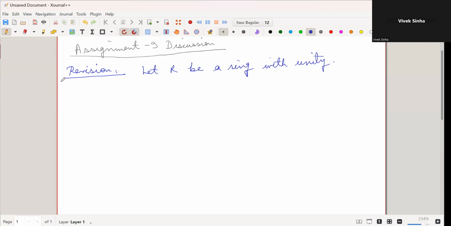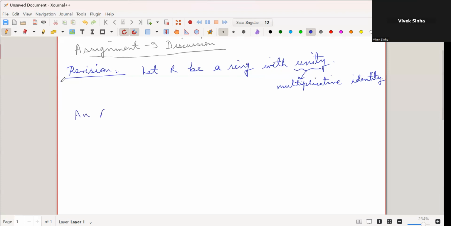Unity means just the multiplicative identity. Then you can define an R module.